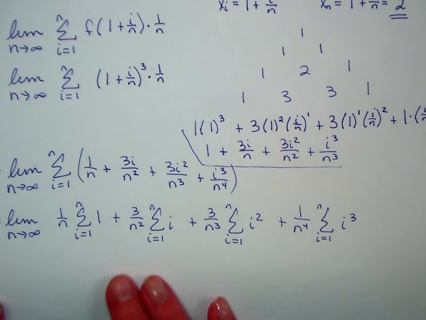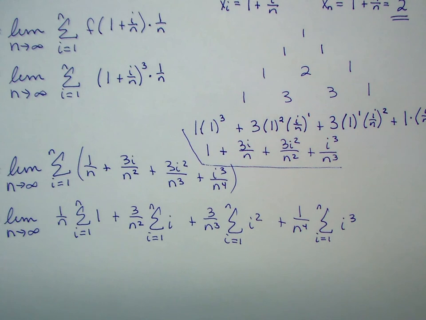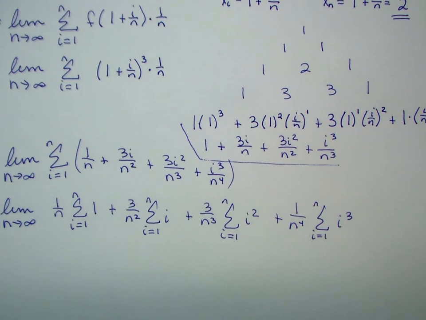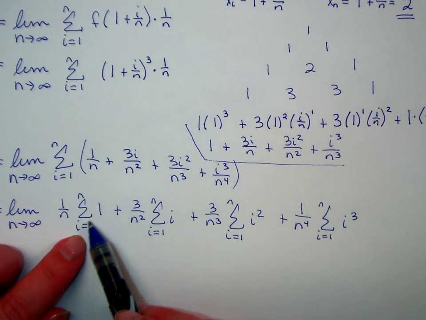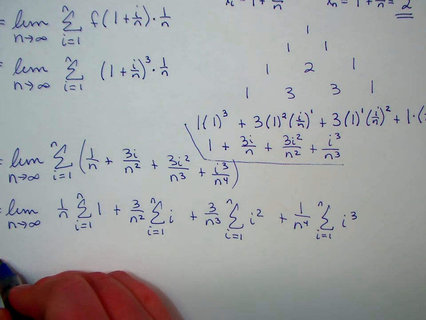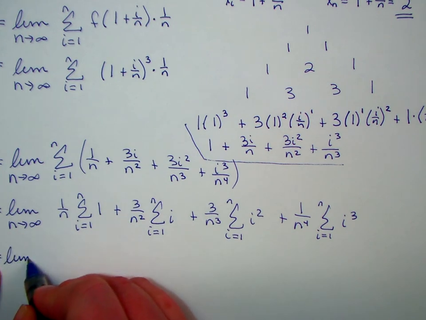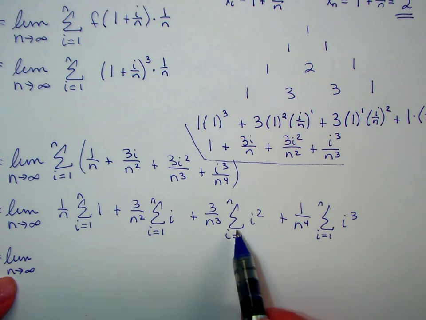So the sum of 1, i squared, i cubed, all have known formulas here, right? So if we add up n ones, this sum here, we're just going to get n, okay? Let's go ahead and write that down, right? Substitute all those known formulas for those sums.